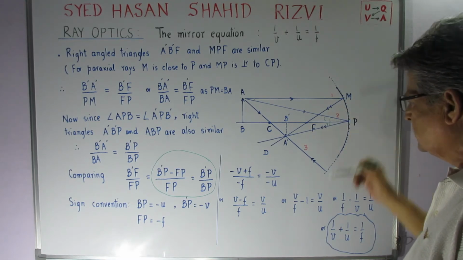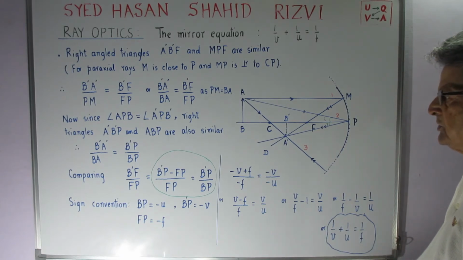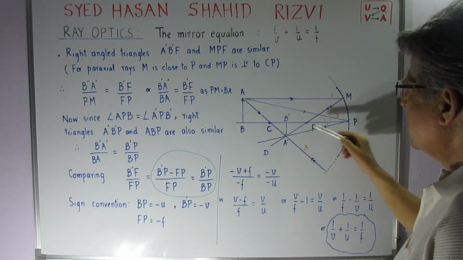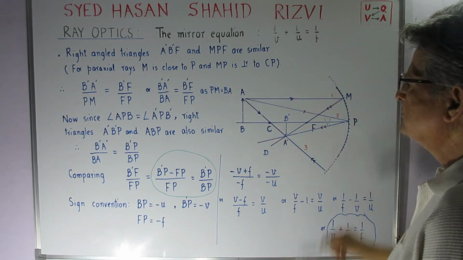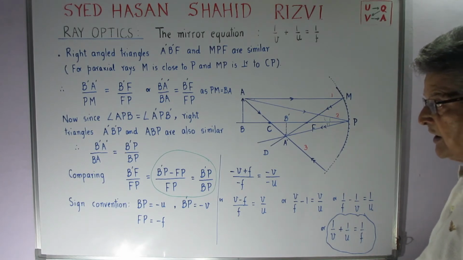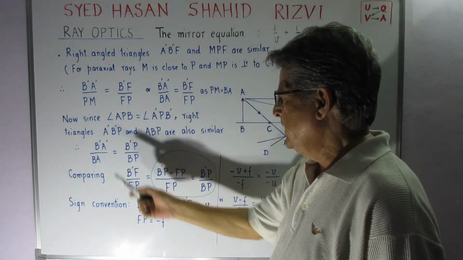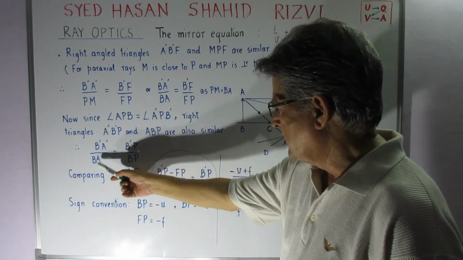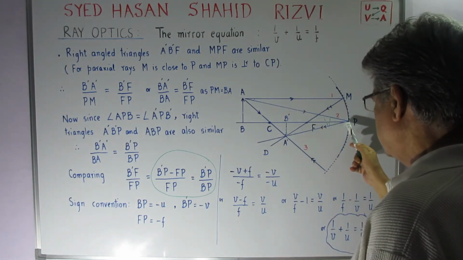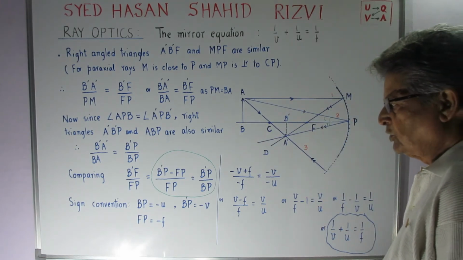That means the right triangles A dash B dash P and ABP are also similar. When they are similar, then I can write A prime B prime upon BA, B prime A prime upon BA is equal to B prime P upon BP, the bases of the two.